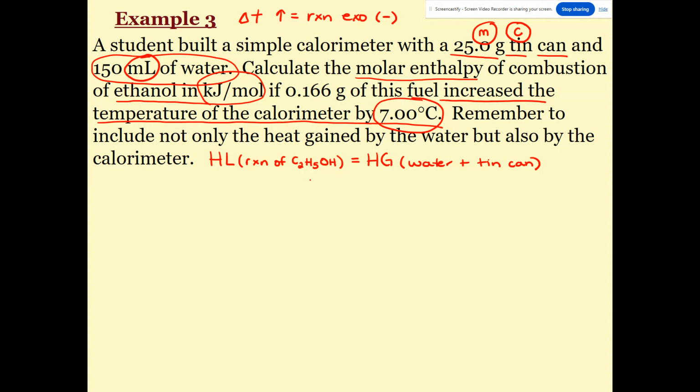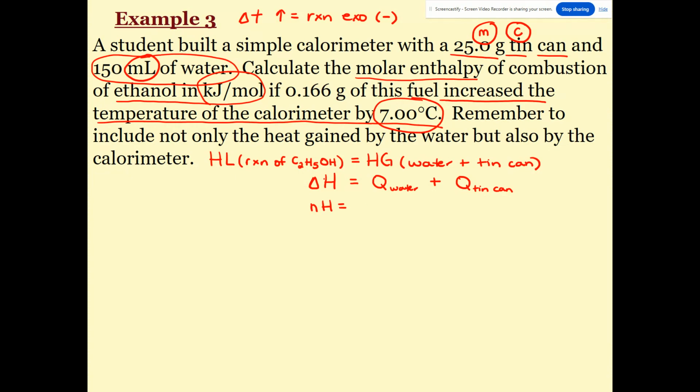So on my reaction side, my reaction side is always delta H. My water side is always Q, but I'm not only going to have a Q for the water, I'm going to be adding another Q from the tin can. If I set this up into my equation, my delta H is going to be solved with its formula, which is nΔH.